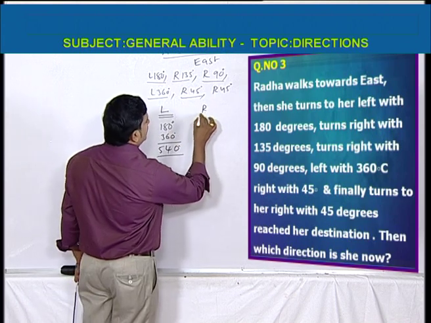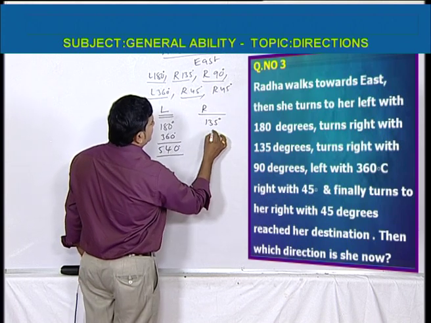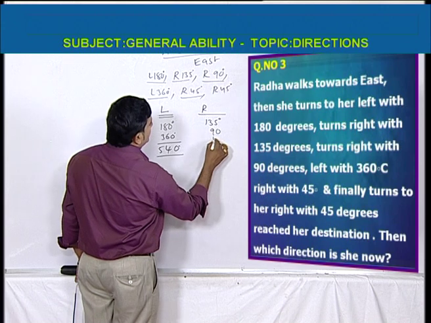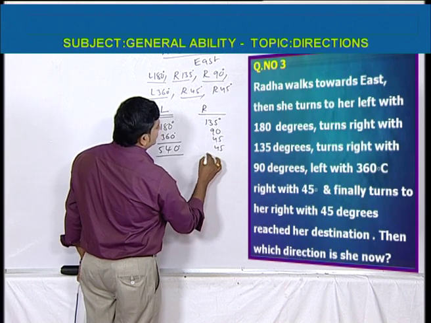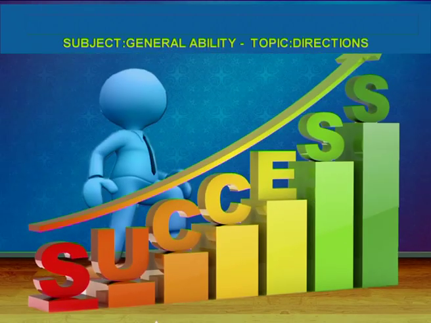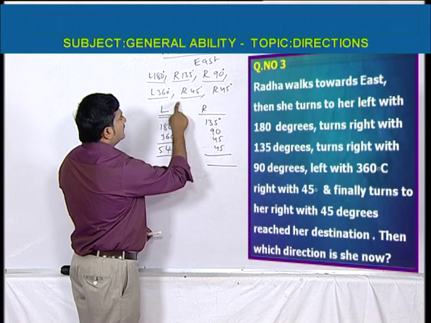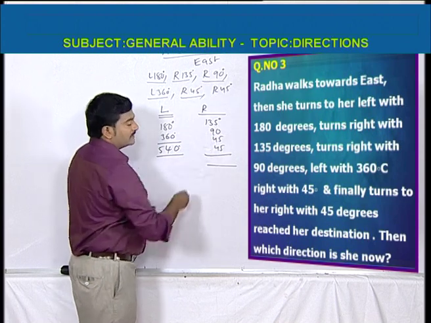Similarly take all right angles. Here right is 135 degrees, here 90 degrees, here 45 degrees, and here also 45 degrees. Adding all right side angles: 135, 90, 45, and again 45 degrees.